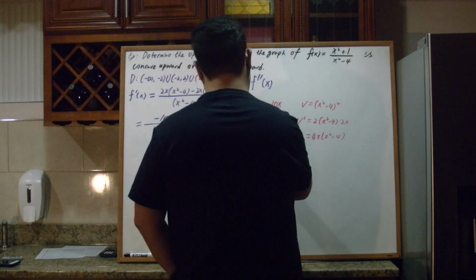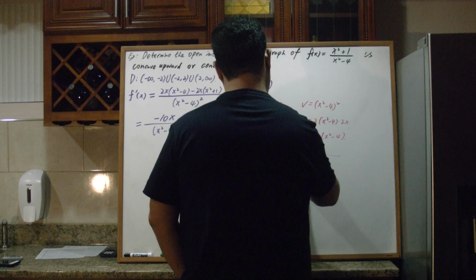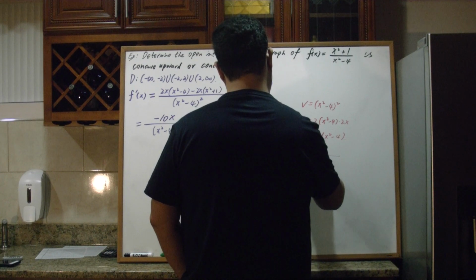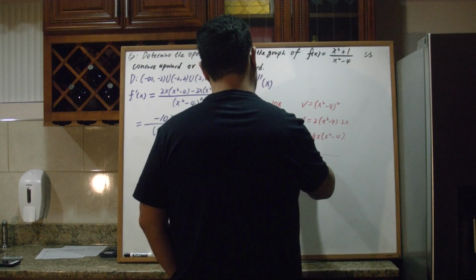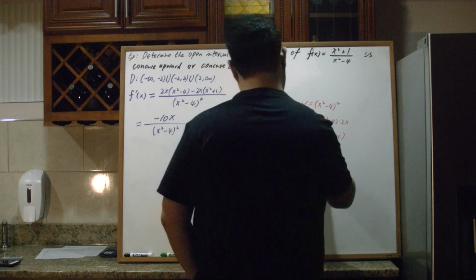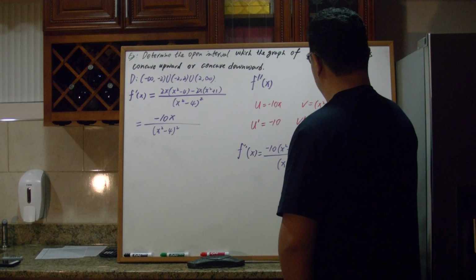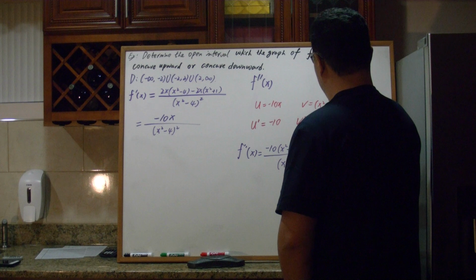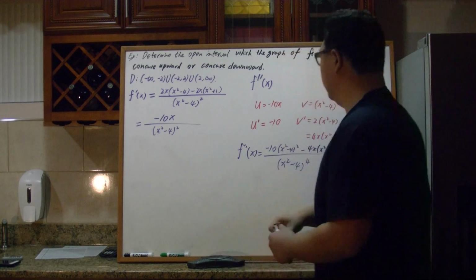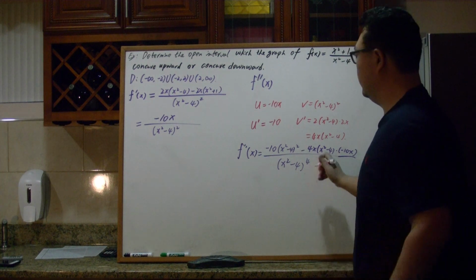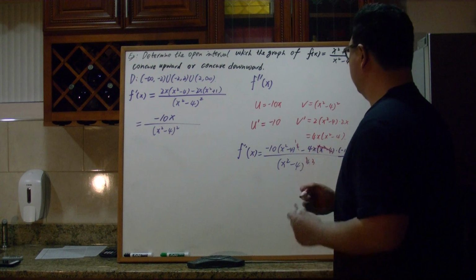So f double prime of x is over the square of v, u prime times v minus v prime times u. We can erase the ones of x squared minus 4; first power and third power cancel out.